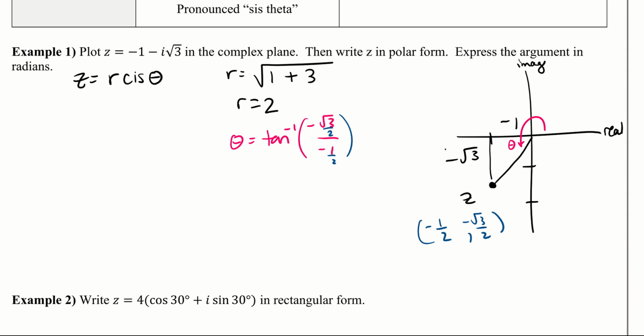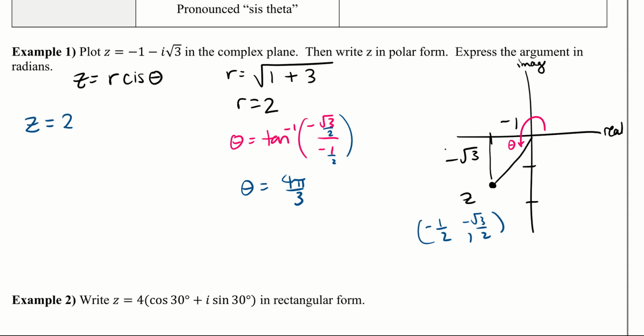So this right here is a pi over 3 angle. And the pi over 3 angle that's in the third quadrant would be 4 pi over 3. So the reference angle here is pi over 3, but we're going to use 4 pi over 3 so that we're placed properly in that third quadrant. So z could be written a lot of different ways.